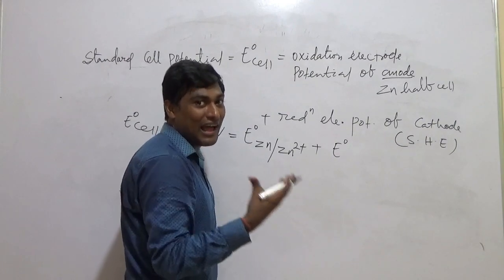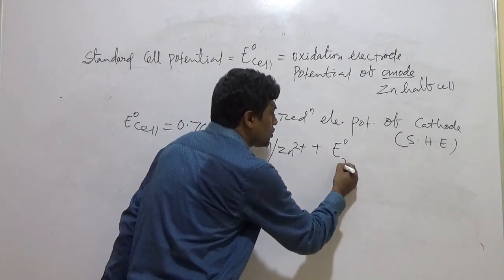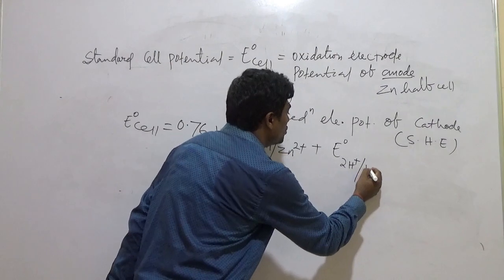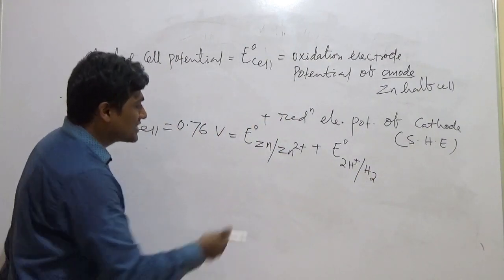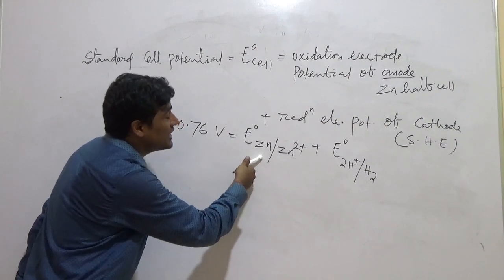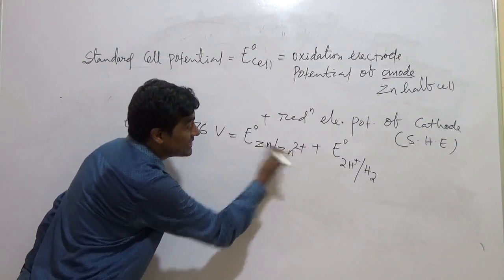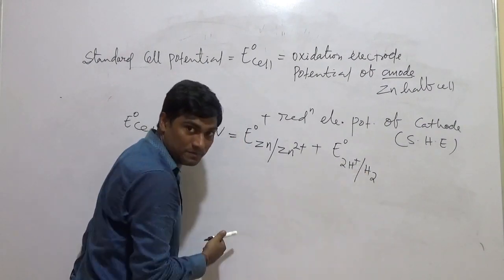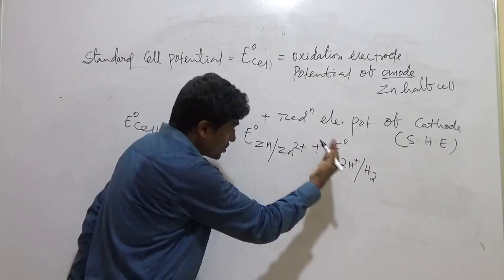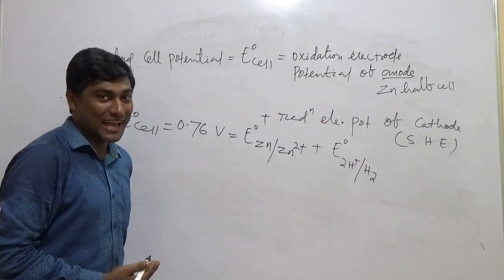What happens? Hydrogen ions are being reduced, so 2H+ receives electrons to give H2. This is the perfect notation now. This is the oxidation electrode potential of the anode, with the charge increasing, and here the charge is decreasing from plus to 0. That means reduction: the reduction electrode potential of the cathode.